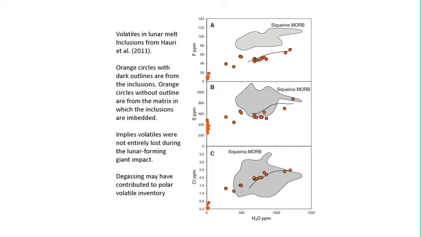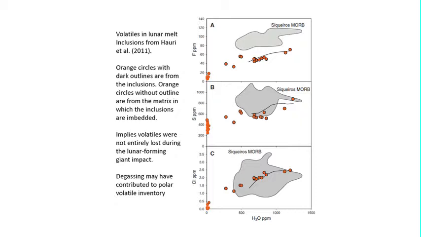And at least Hauri says that this implies that the volatiles were not entirely lost during this lunar forming giant impact. Or else maybe right after the impact there was exchange of volatiles between the Earth's atmosphere and the stuff that eventually became the moon.